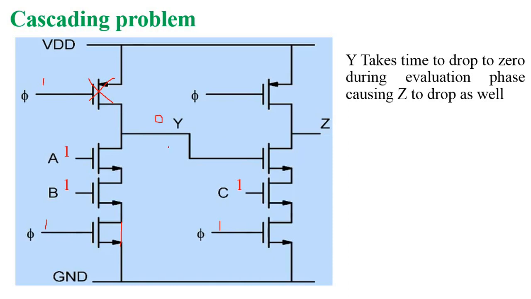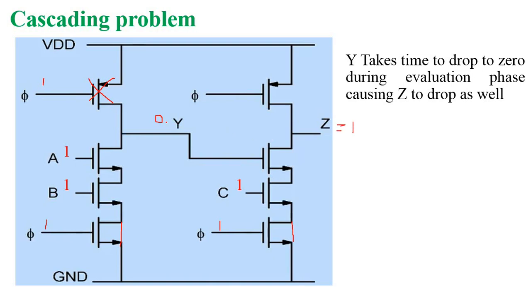So here the output is 0, and if we connect these two, with inputs 1 the transistors are short, and this is also short. So if the first output is 0, then the next output is equal to VDD, that is equal to 1.